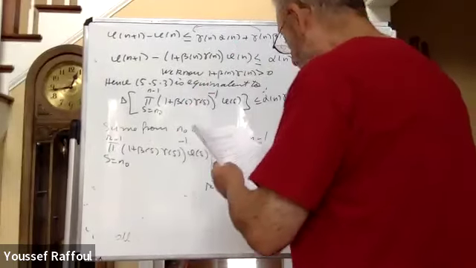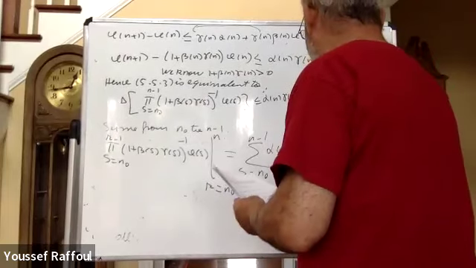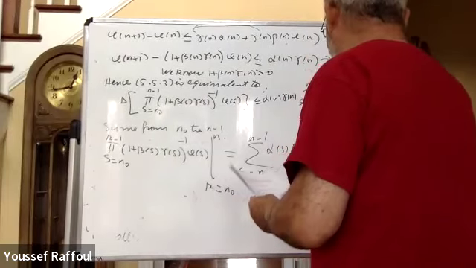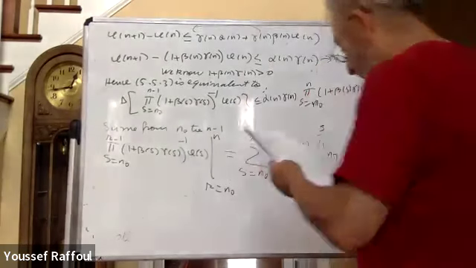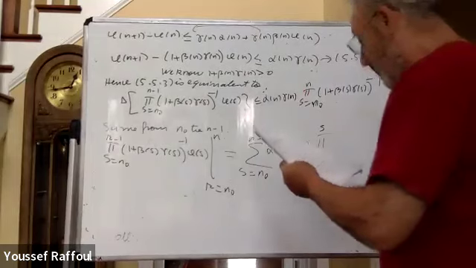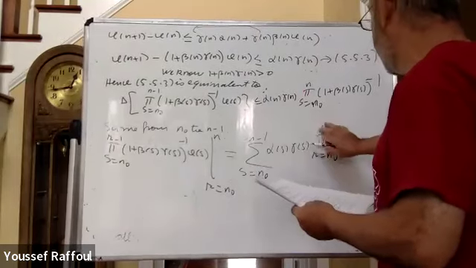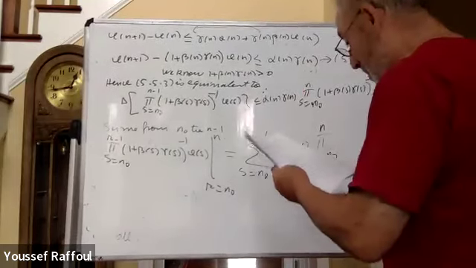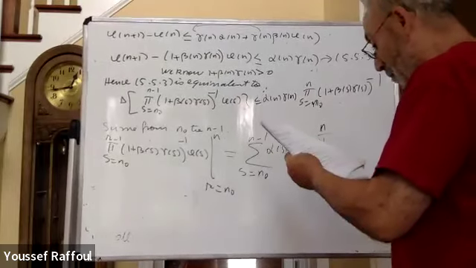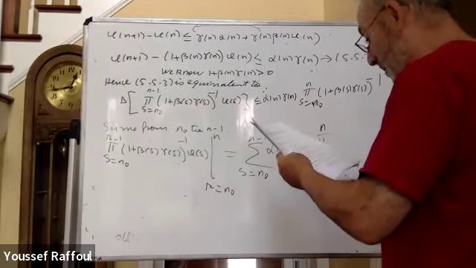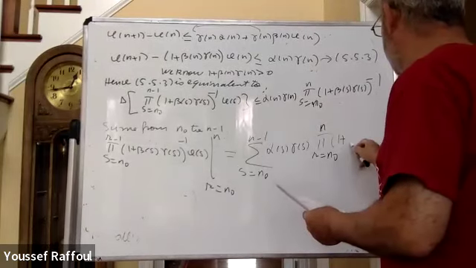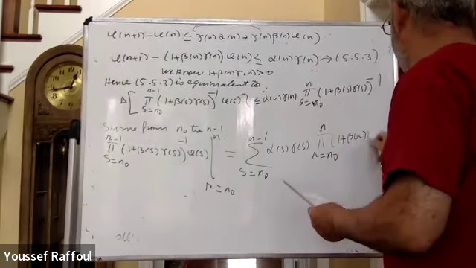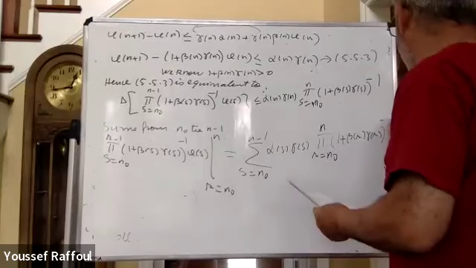I'm going to flip alpha s gamma s, the product for r equal n0 to s, no, to n, of 1 plus beta r gamma r to the minus 1.